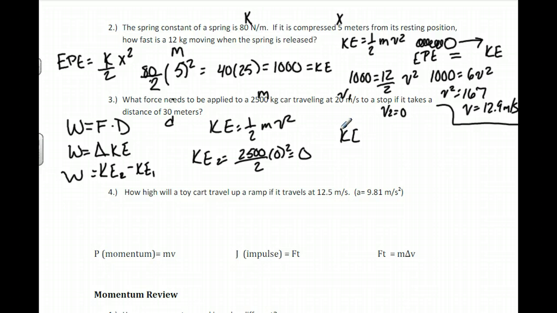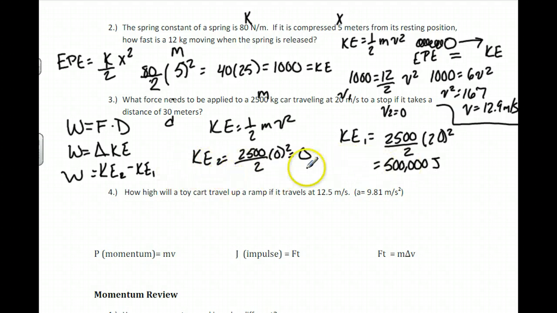And then my initial kinetic energy is going to equal 2,500 divided by 2 times my initial velocity squared, which if you multiply this out is going to give you 500,000 joules, okay?